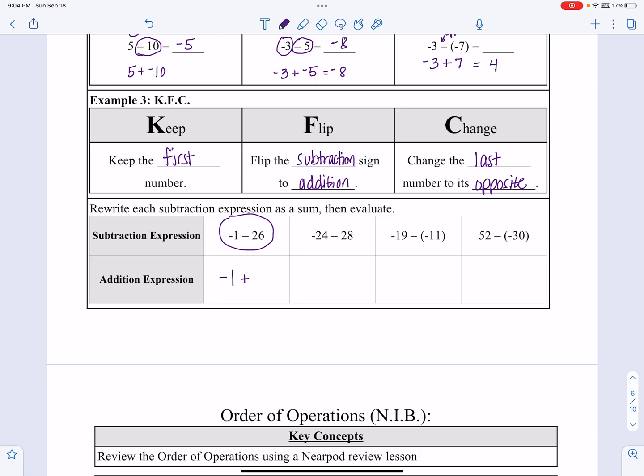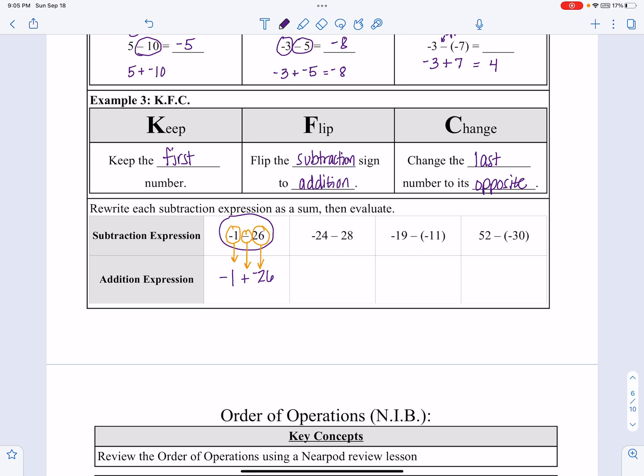Okay, and so you really have to separate those out. Let me show you what I mean. So here's the first number, here's the sign, and then there's this. Look at the number very separate from that subtraction symbol. So we're saying keep the first number, flip the subtraction to addition, and then change the last number to its opposite. So if I'm just isolating that last number, 26, I know that the opposite of 26 is negative 26.